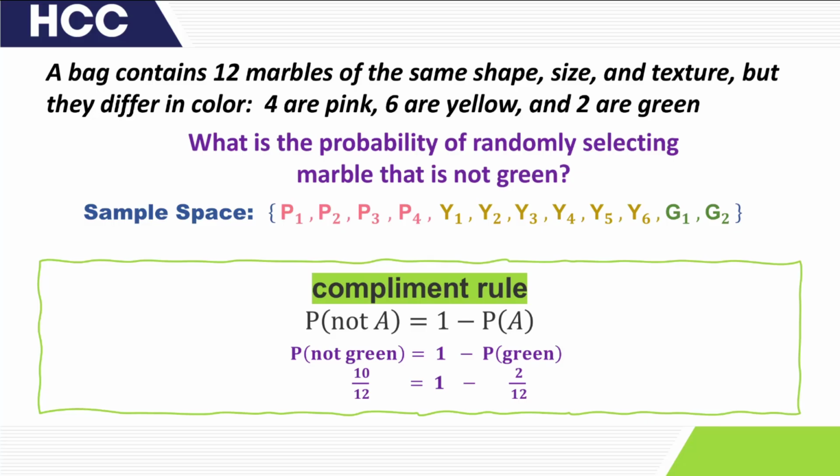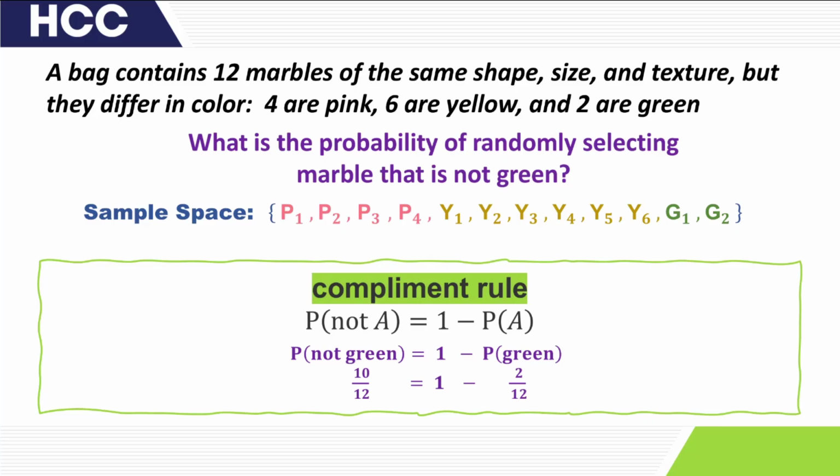So going back to our bag of marbles example, if I wanted to know the probability of selecting a marble that is not green, well, I could count in the sample space how many are not green. But the tricky way of doing this is to say, let me actually just count how many are green.